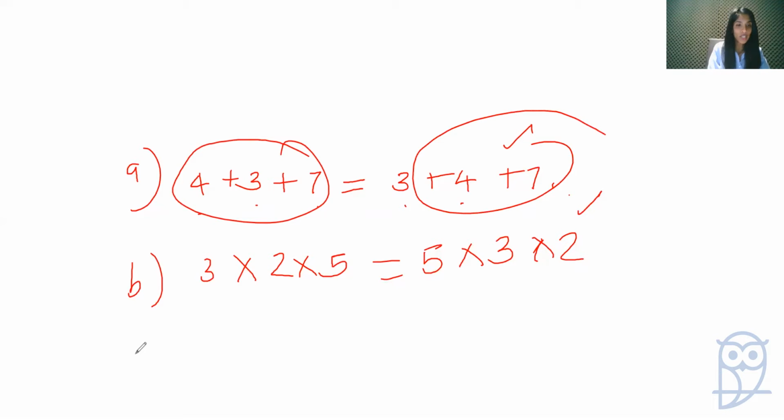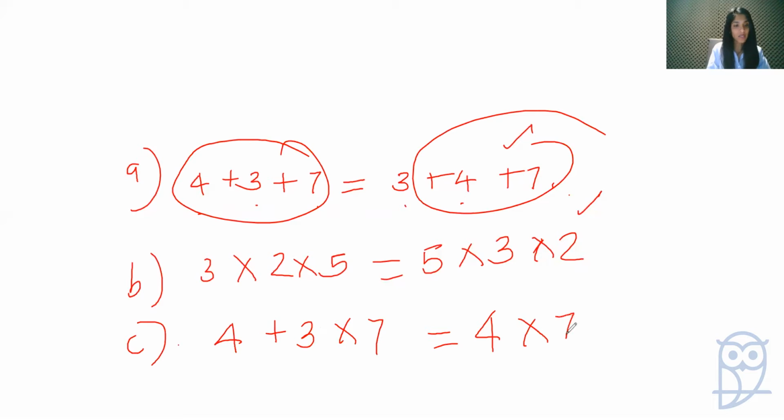However, look at this and tell me if this is true for this particular sum. 4 plus 3 times 7 is equal to the same as 4 times 7 plus 3. No, because 4 plus 3 is 7, and 7 times 7 is 49.